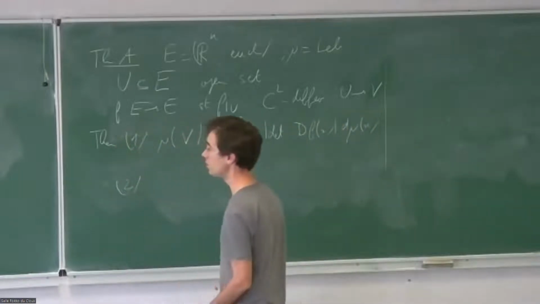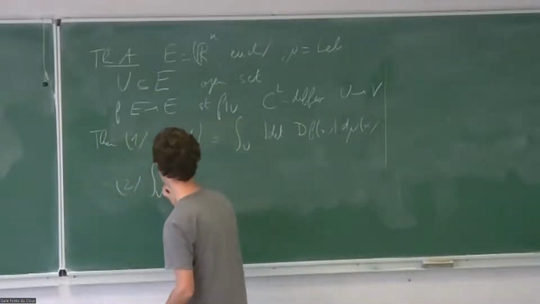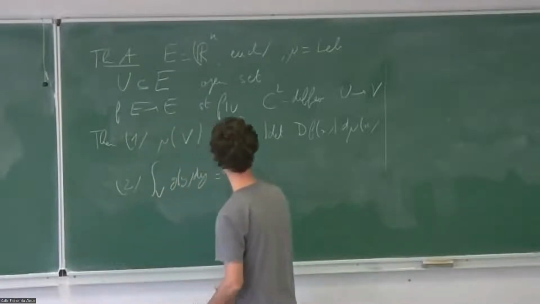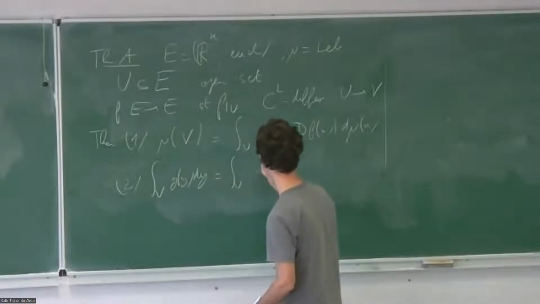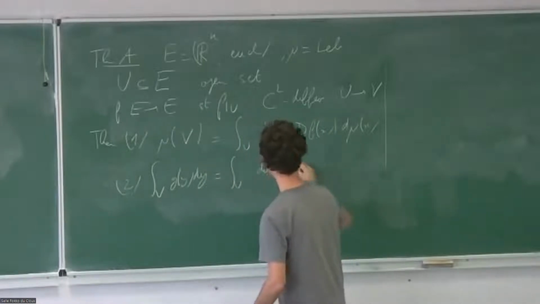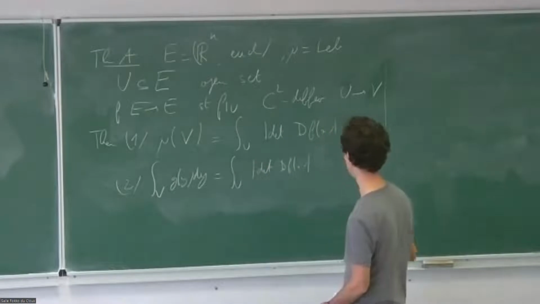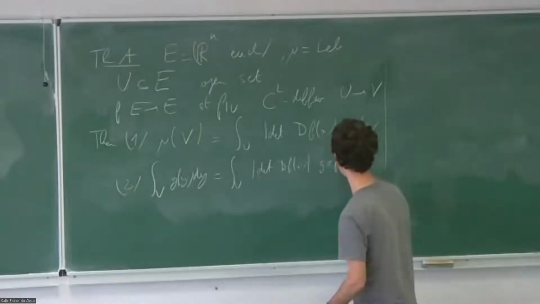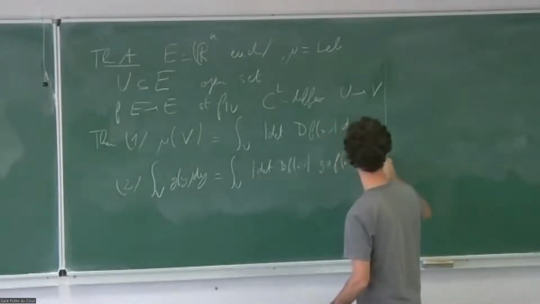And then we also get a version when we integrate functions. The integral over V of g(y) dy would be the integral over U of the determinant of f'(x) times g composed with f at x, d mu of x.